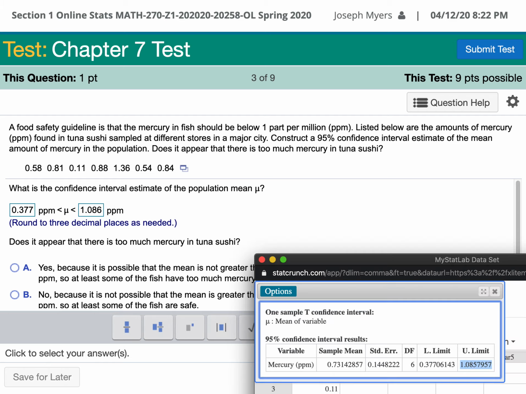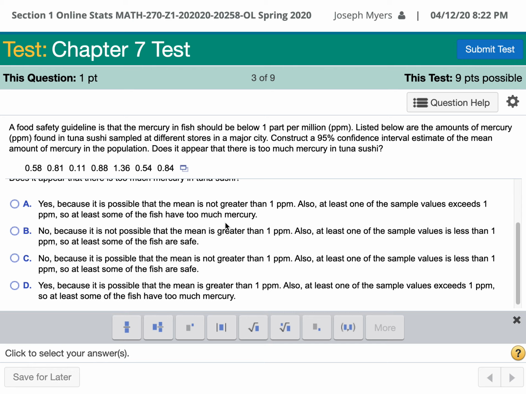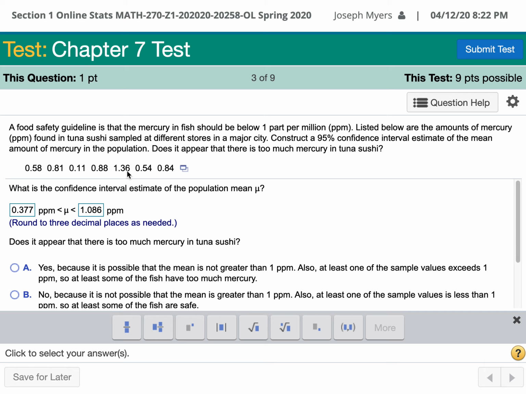Okay, now, does it appear that there's too much mercury in the tuna? Well, it is possible that the mean might be more than 1 part per million, which would be too much mercury. Also, at least one of the sample values does exceed it, like the 1.36 is definitely more than 1 part per million.